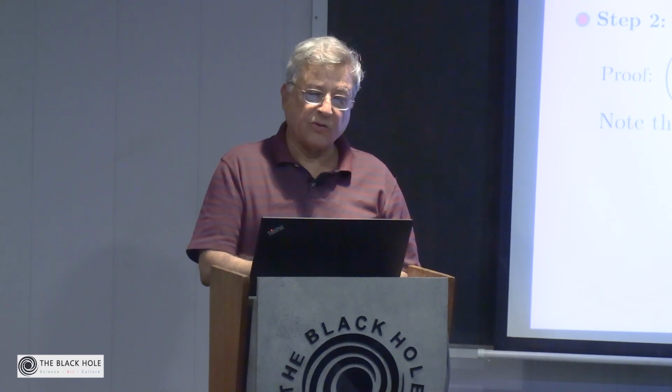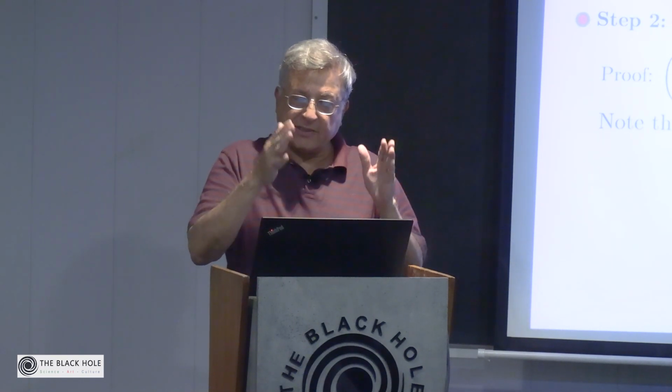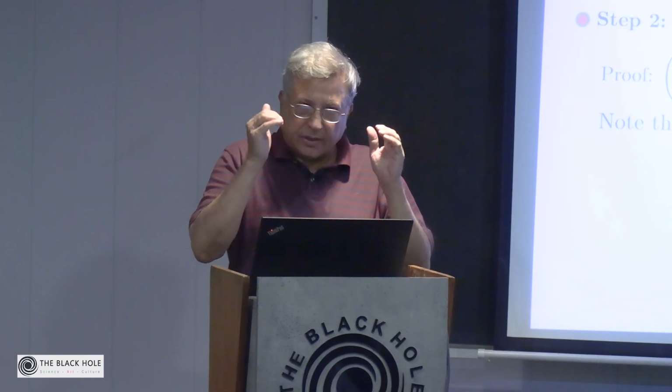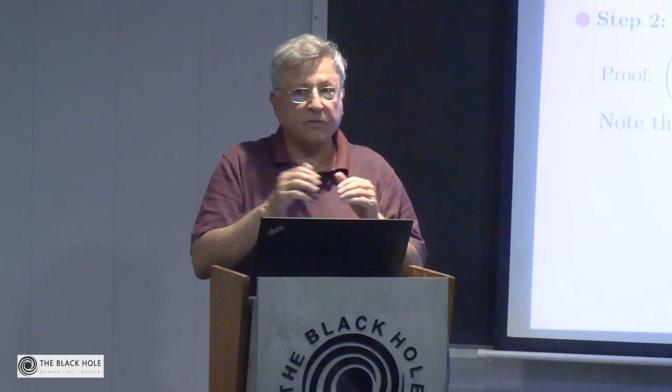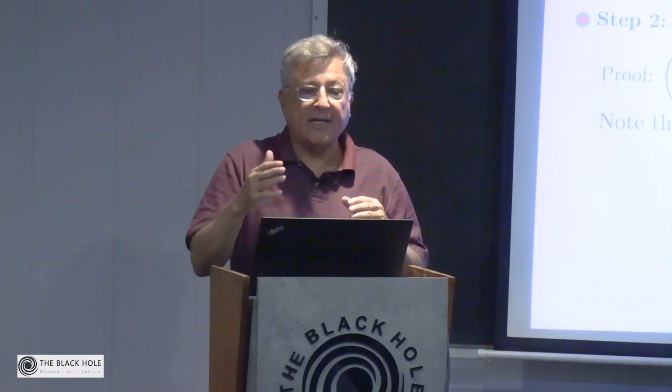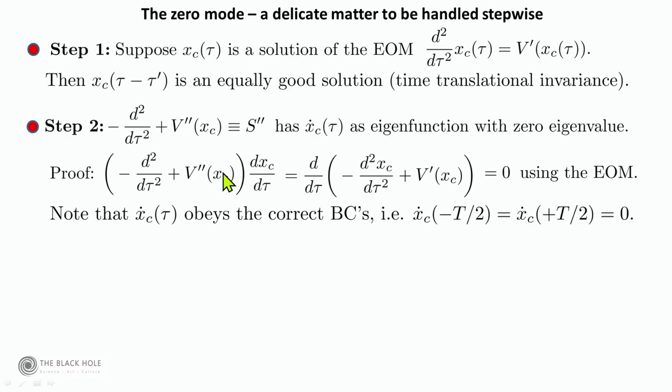You cannot let this over here be arbitrary. After we did the functional expansion, we said that we're going to consider fluctuations around the classical path. We're not going to fool around with the classical path itself. And so I'm sorry, but we have to put xc over here.